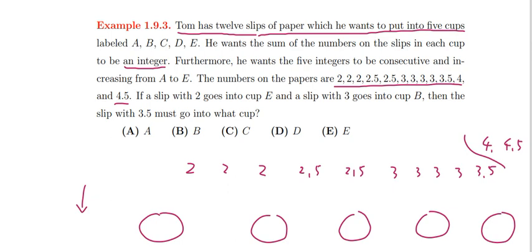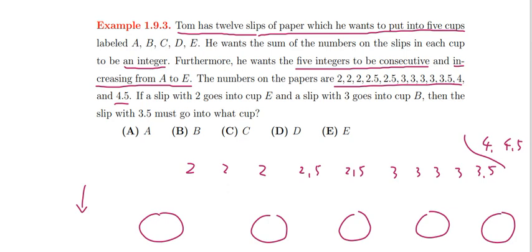This means that if we put a 2.5 here, then the other number should be 2.5 or 3.5 or 4.5, to make an integer. Furthermore, he wants the 5 integers to be consecutive and increase from A to E.